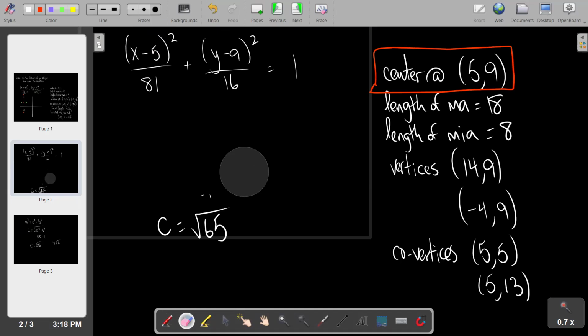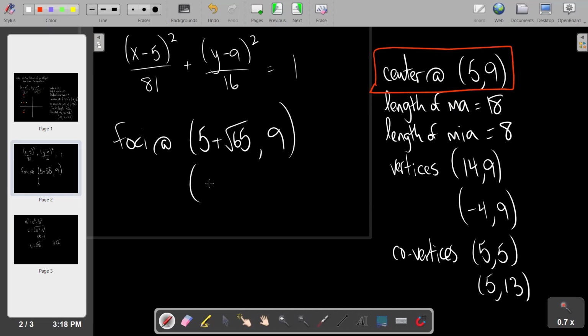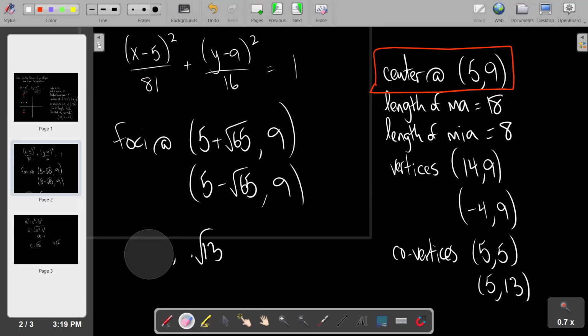So where are my foci? 5 plus root 65. So when I go to the right, I'm at 5 plus root 65, comma 9. And what's my other focus? Right. And why are we leaving root 65 as root 65? Because it doesn't break down. The only factors of 65 would have been root 5 and root 13, and those are both trash, right? So I don't sense any issues.